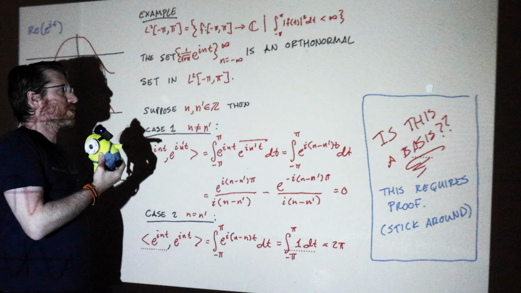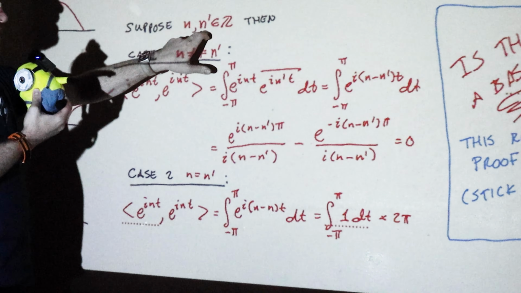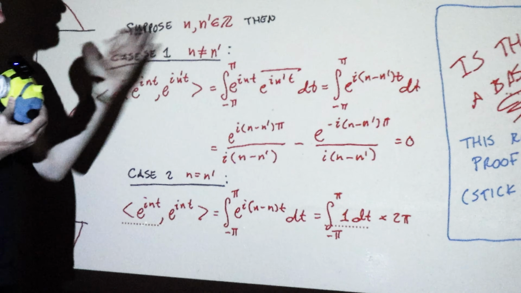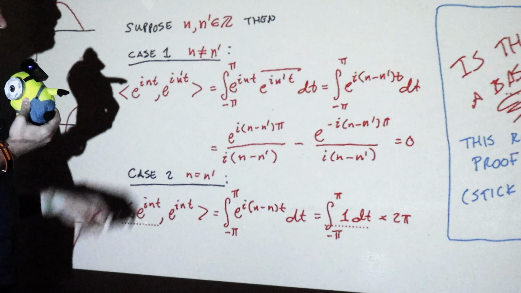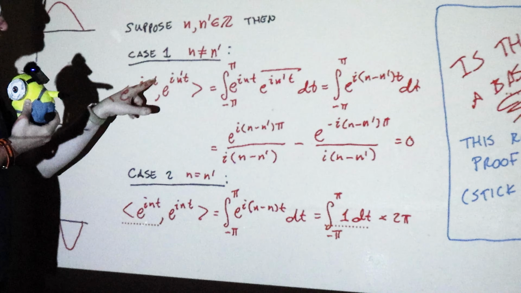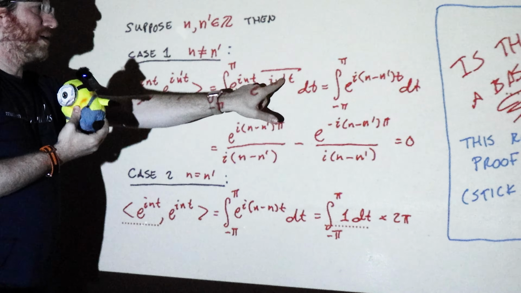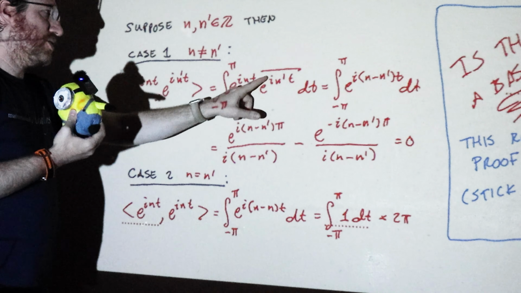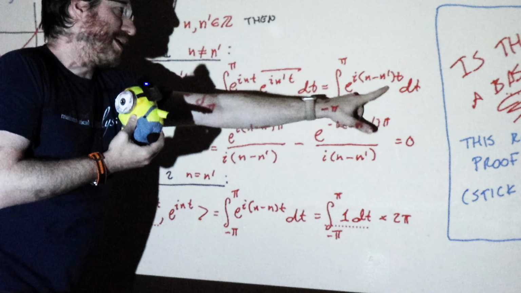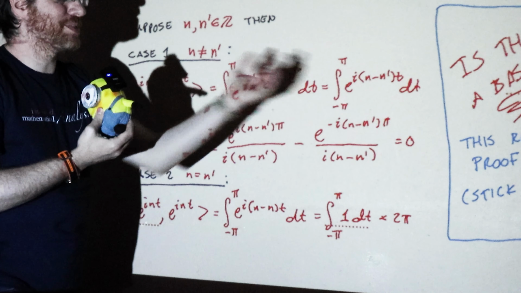Let's show that they're actually an orthonormal set. That's not too bad. We take n and n prime in the integers, and if they're different, then if we take the inner product between these two, we have e to the i n t and e to the i n prime t, and e to the i n prime t comes in here with a conjugate in the inner product. That just flips the sign, and then we can recombine it into e to the i (n minus n prime) times t.